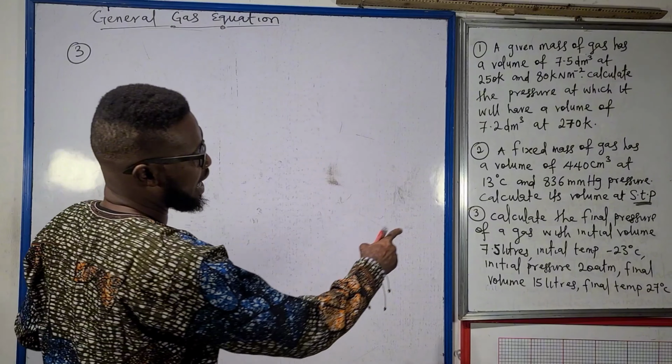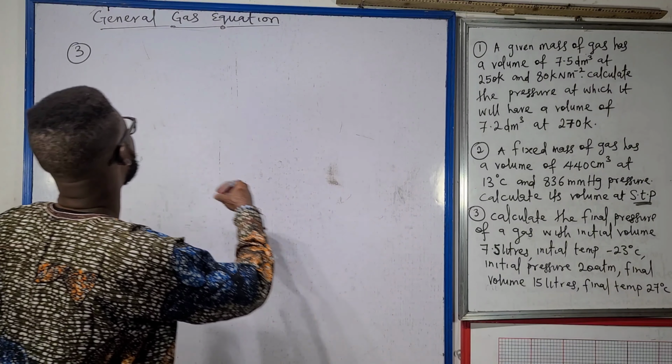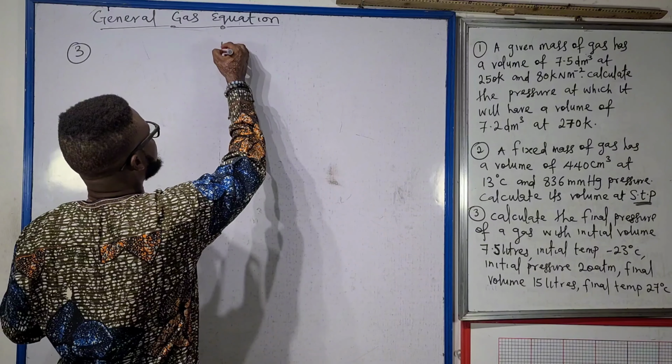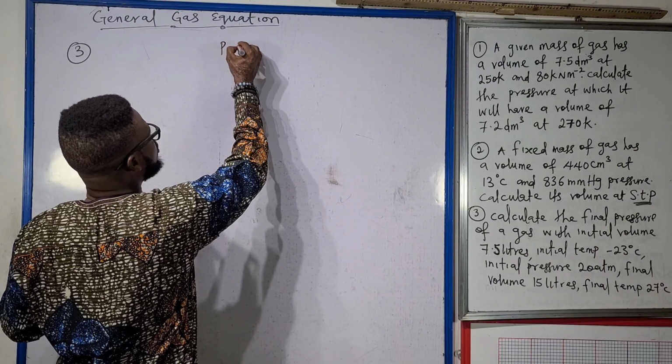Question 3 states, calculate the final pressure of a gas. So we're basically looking for P2, the final pressure of a gas with initial volume 7.5 liters. V1 equals 7.5 liters. Initial temperature is minus 23 degrees Celsius.